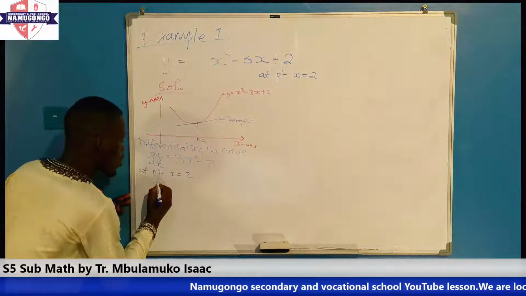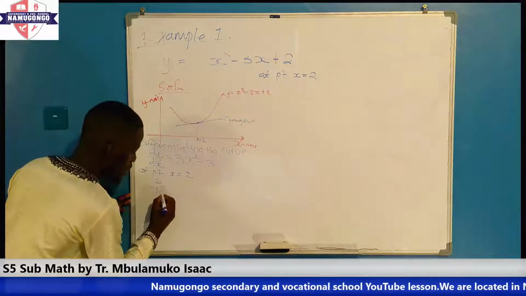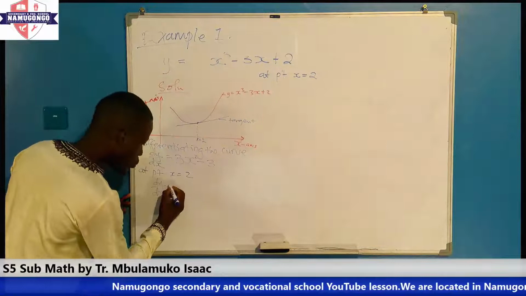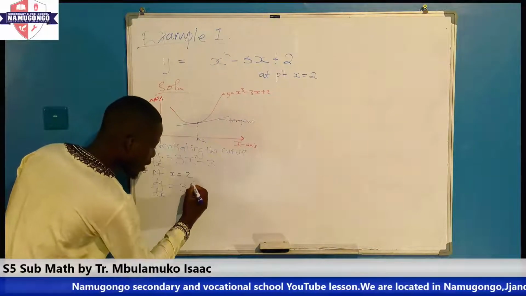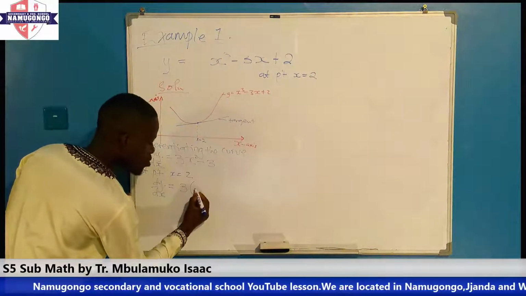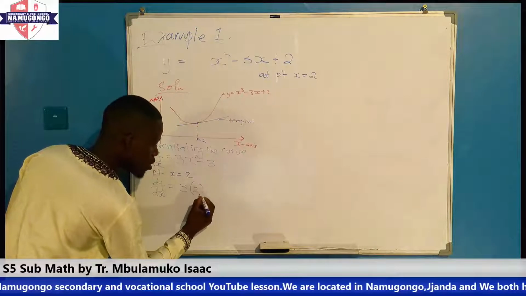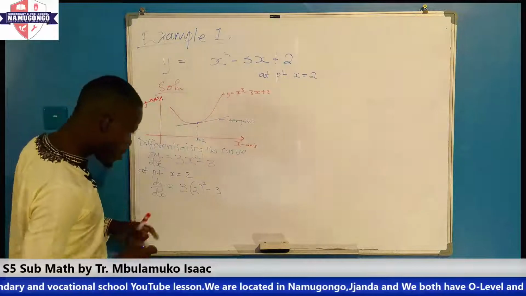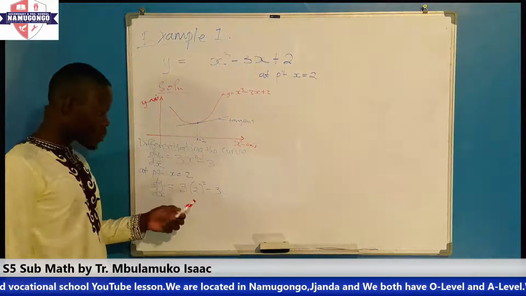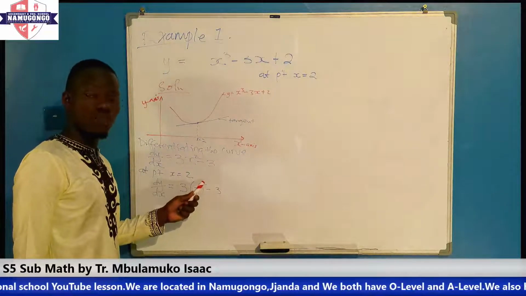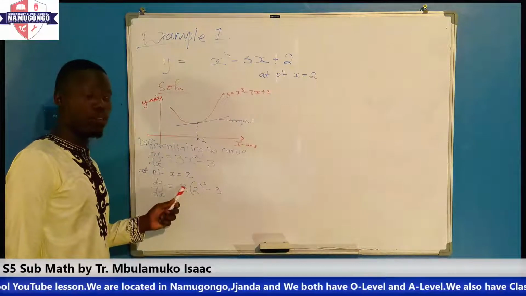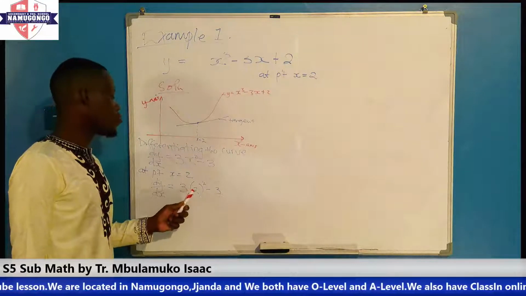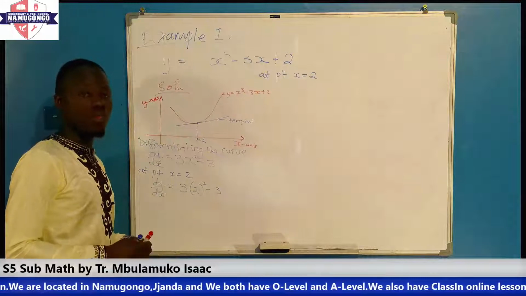So dy dx is equal to 3 into, where there is x, we substitute our value for x, squared, minus 3. When you compute this very fast, 2 squared is 4. 4 times 3, you get 12. And then 12 minus 3, you remain with 9.